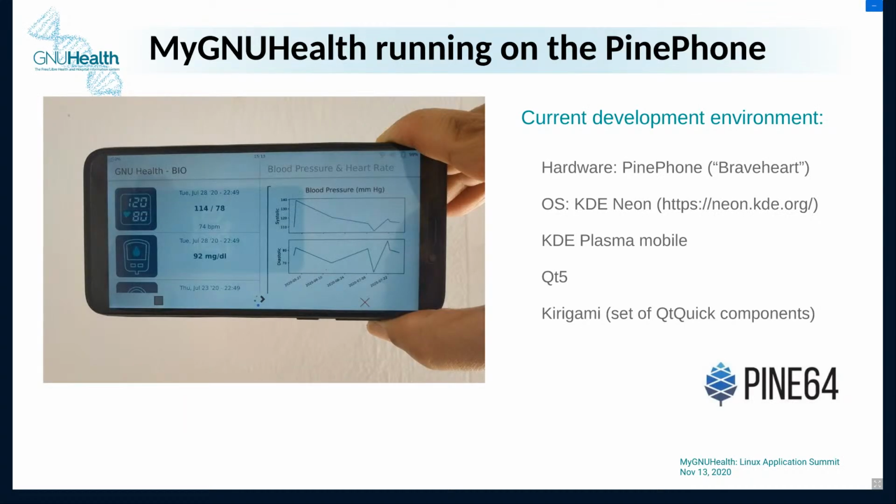So this is actually a photo that I took from the PinePhone, and again, I didn't have to change a single line of code thanks to the Kirigami framework, right?